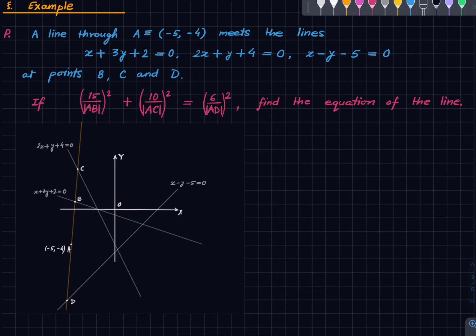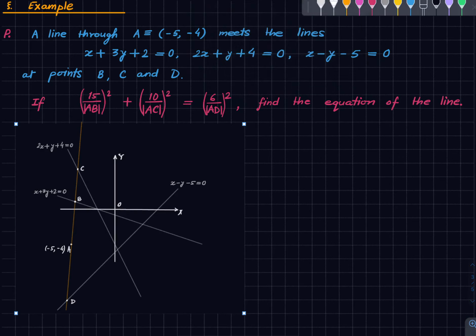Now, if you start with the ax plus by plus c form, so you assume that your line is ax plus by plus c equals 0, then you can solve for point B, point C, and point D. You have three unknowns, a, b, and c, well, not really three unknowns, because you already know that the line passes through the point minus 5, minus 4.